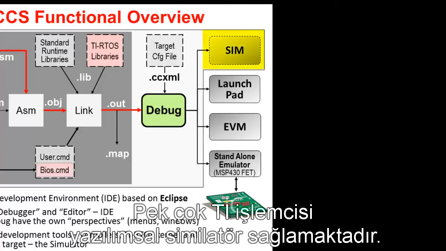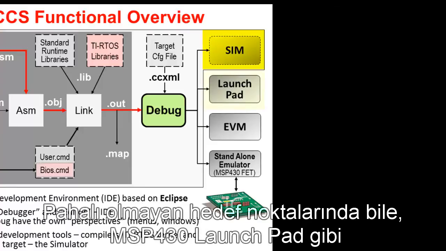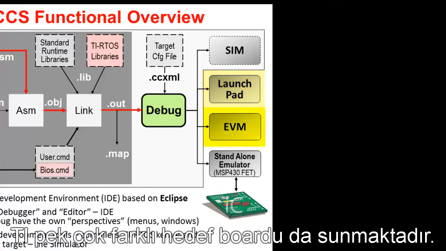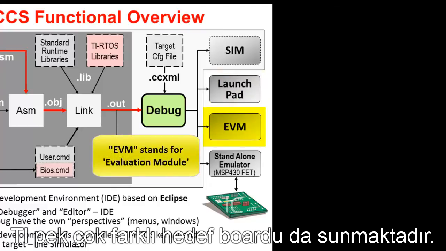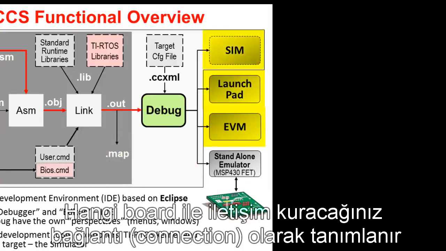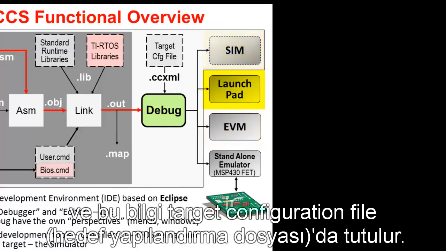Many TI processors provide a software simulator. Although with inexpensive target boards, such as the msp430 launchpads, most users just prefer running their code on real hardware. TI and many of our third parties provide other possible target boards, EVMs, and so on. CCS can be configured to work with any of them. Which board you want to talk to is defined as the connection, and that information is stored in the target configuration file.